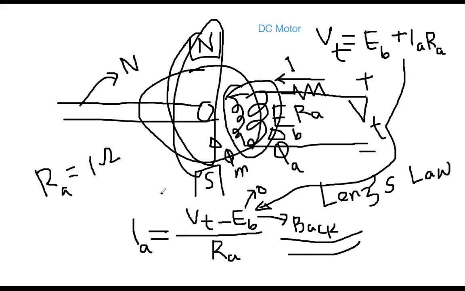If you are applying 120 volts to the DC motor, then 120 over that 1 ohm is 120 ampere, which is very high. In our laboratory, we don't have an ammeter with such a high rating.